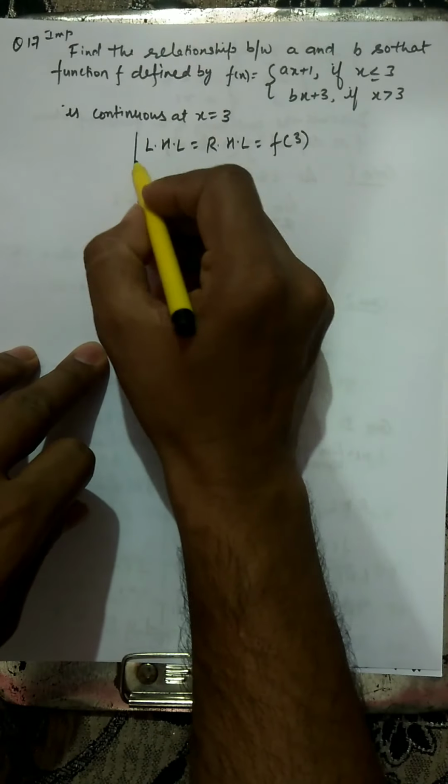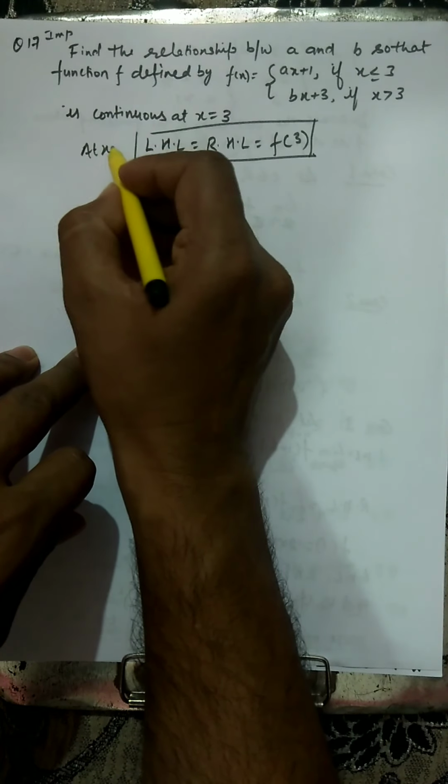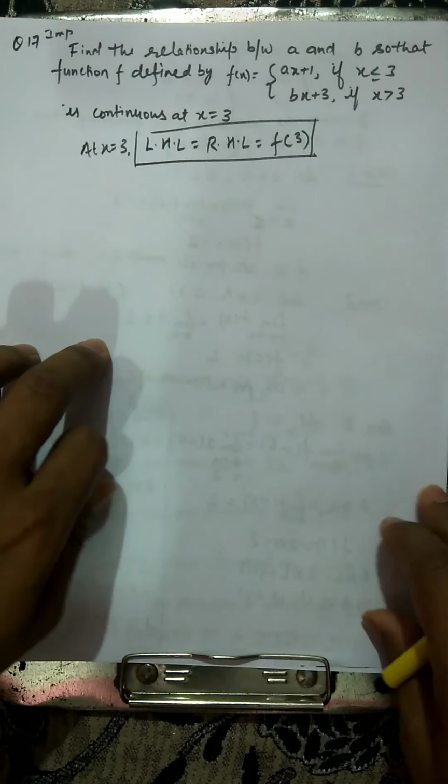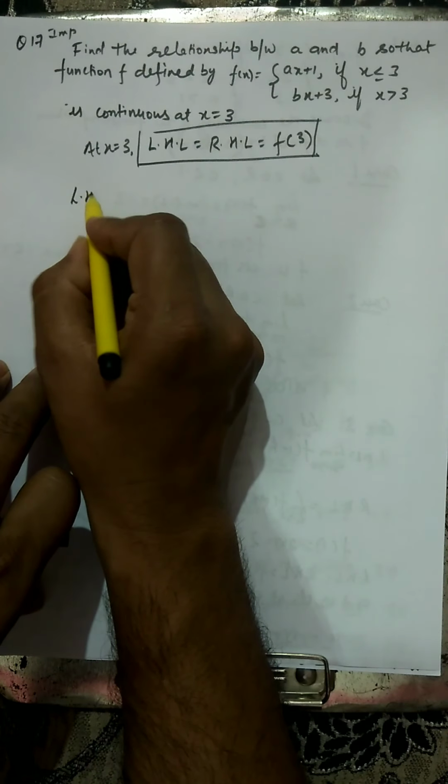So we are going to use this relation and find the relation between a and b. I start with the left hand limit.